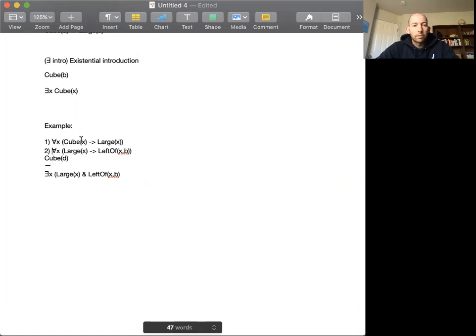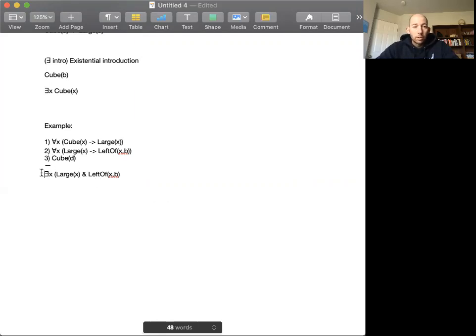So for all x, if x is a cube, then it's large. The second premise says that all large things are going to be left of b. And then the third premise says that D is a cube.